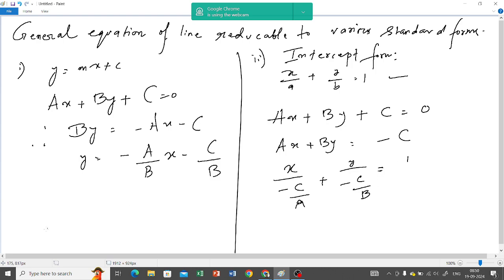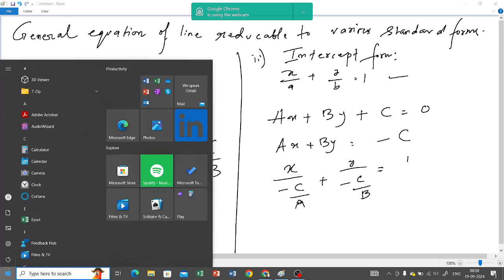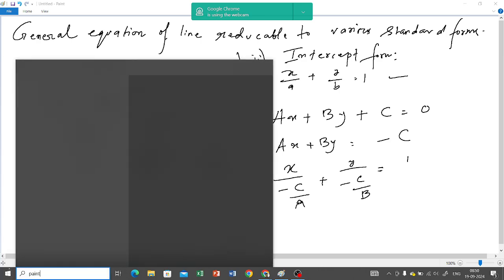Yes, sir. Now normal form. So we have three forms, and these three forms should be known very nicely.